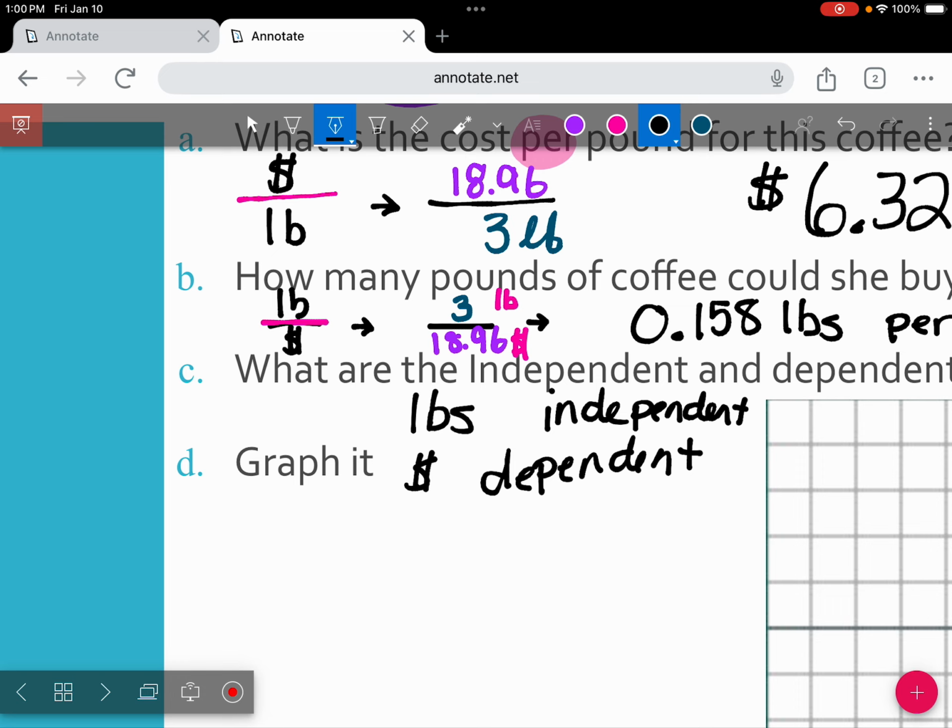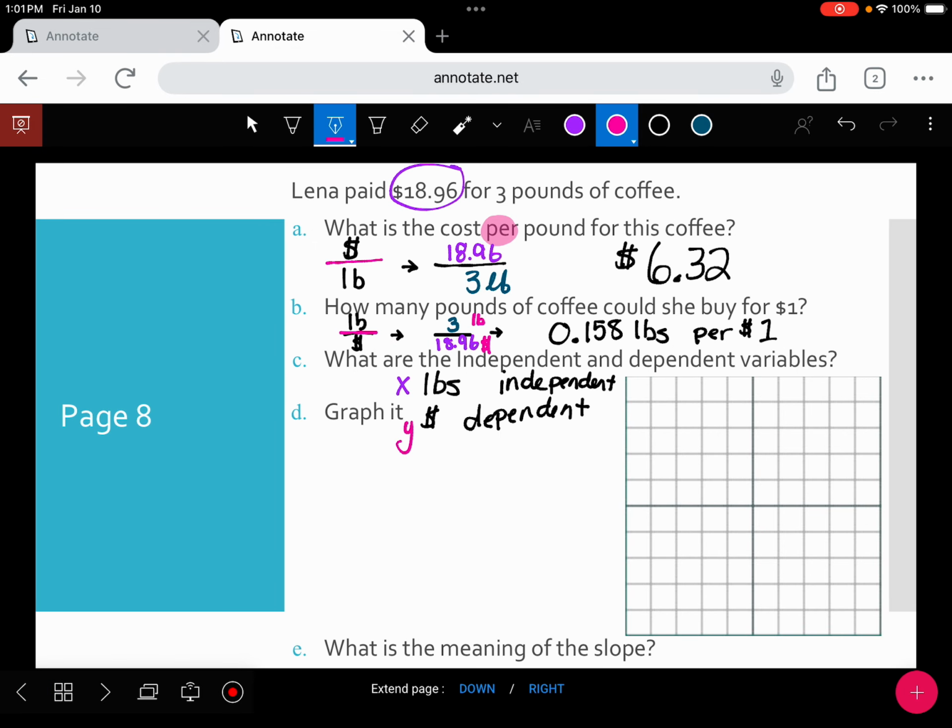So that means which piece of information is going to be our x variable? Which one is going to be x? The pounds. So our pounds is going to be an x variable, and our money is going to be a y. So you guys have a graph there. It does not have much information on it.